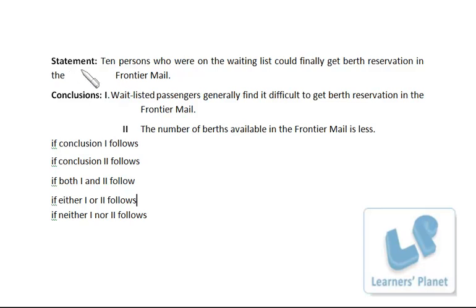If you read the statement carefully, you will find the word 'could finally'. That means the tone of the statement itself gives an idea that it was really difficult to get a reservation in Frontier Mail if you are on a waiting list. So this conclusion can be drawn from the statement. So conclusion 1 follows.